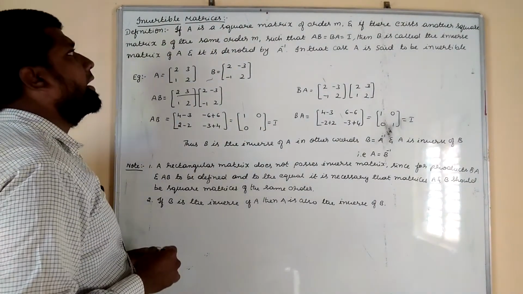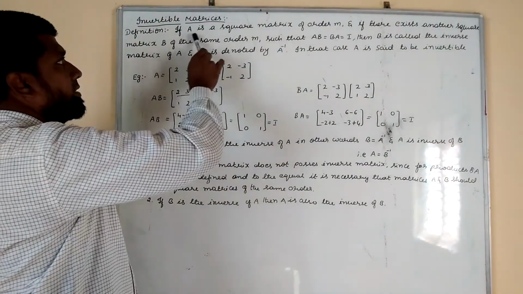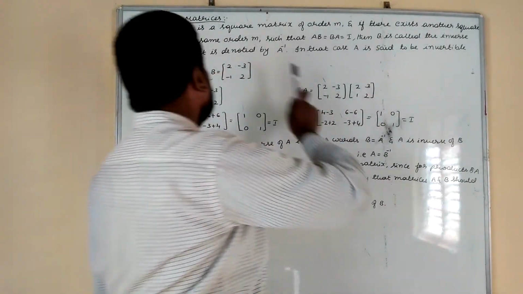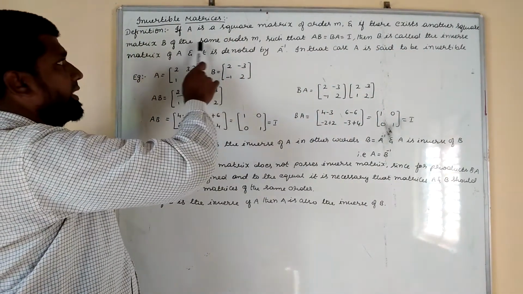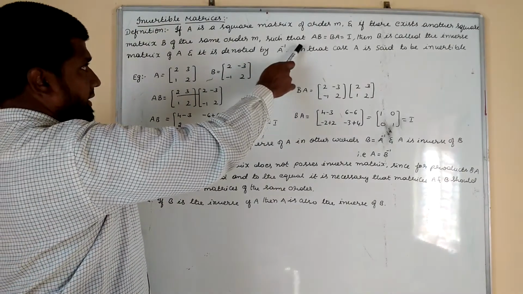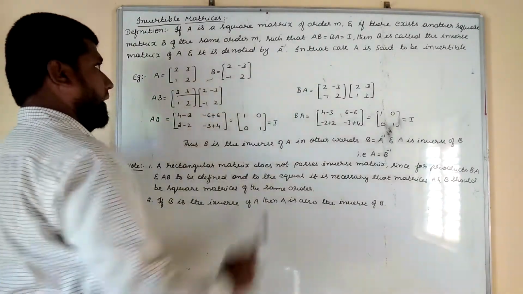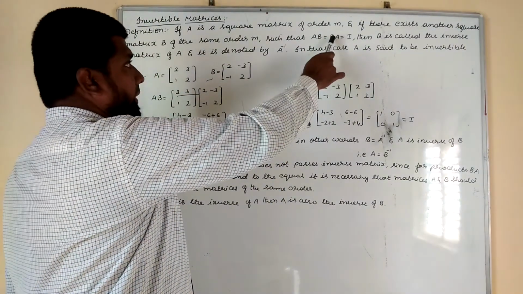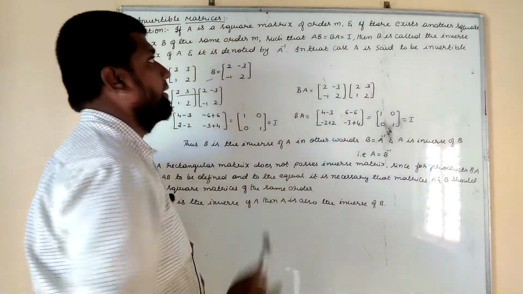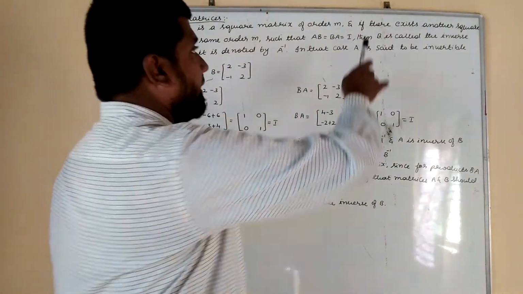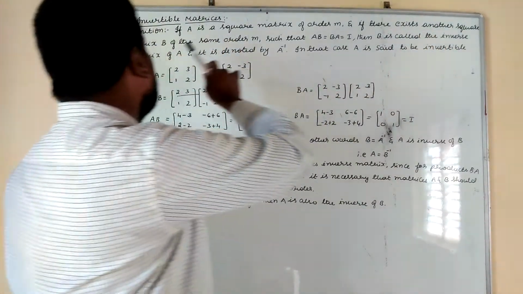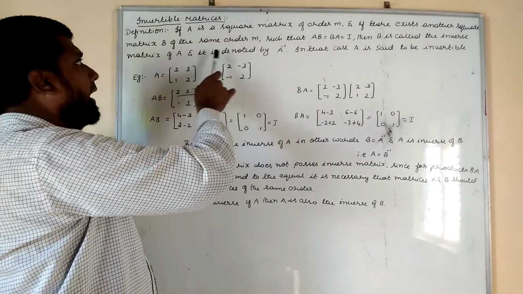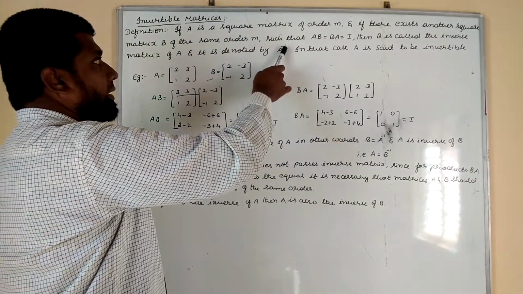If A is a square matrix of order M, and if there exists another square matrix B of the same order M such that AB is equal to BA, AB means to multiply A with B, that is equal to B into A, that is, you are getting the identity matrix, then B is called the inverse matrix of A, and it is denoted by A inverse, that is, A to the power of minus 1.